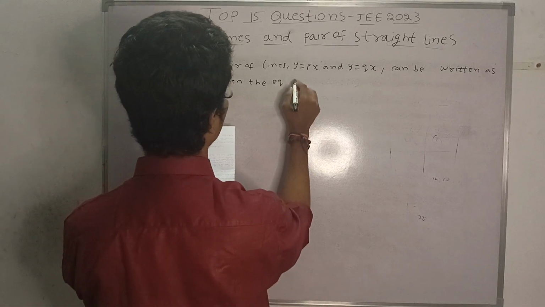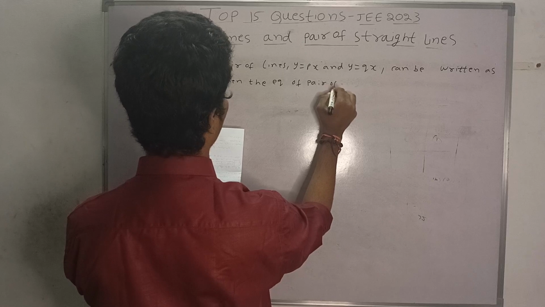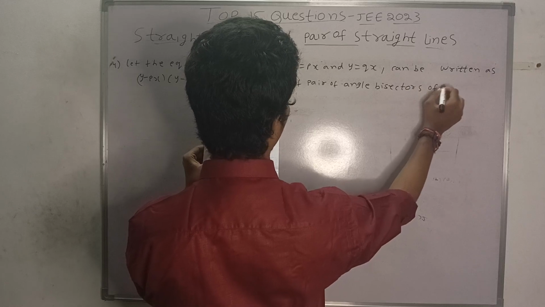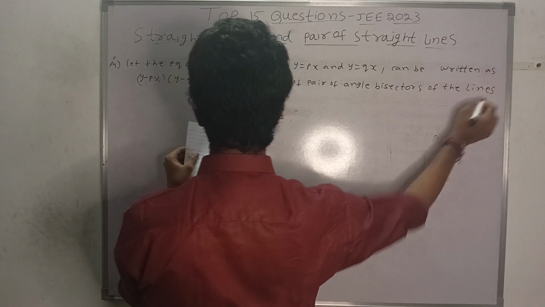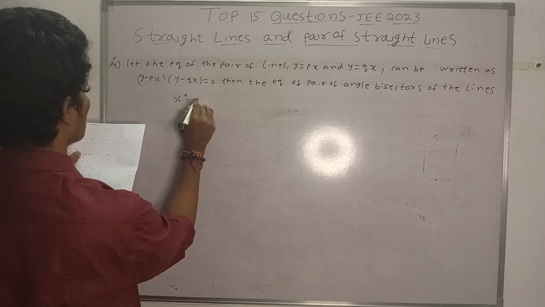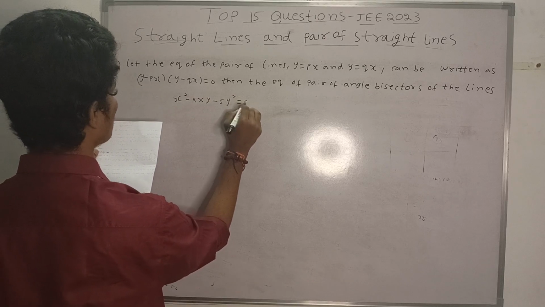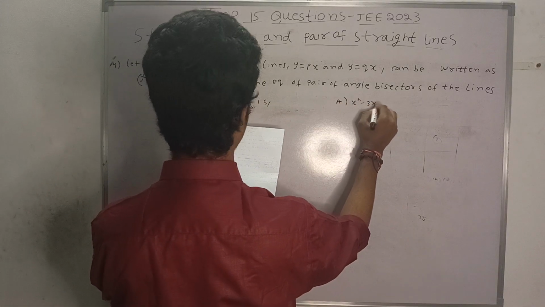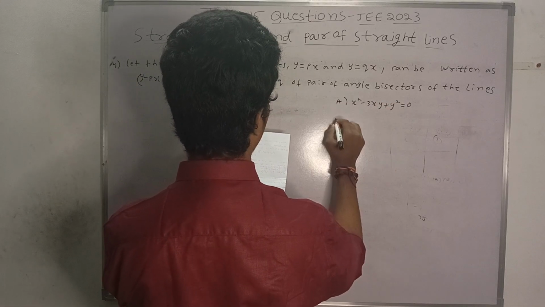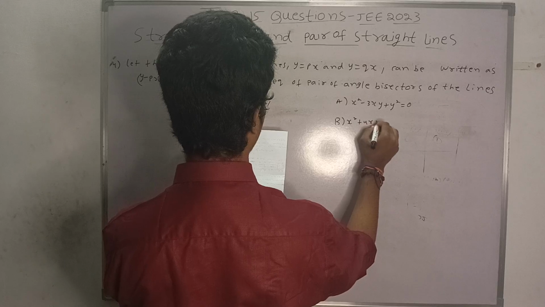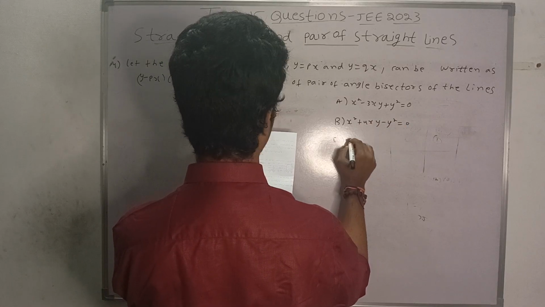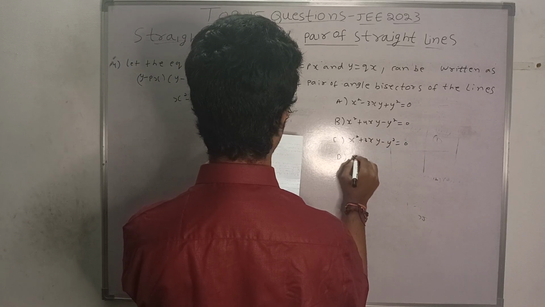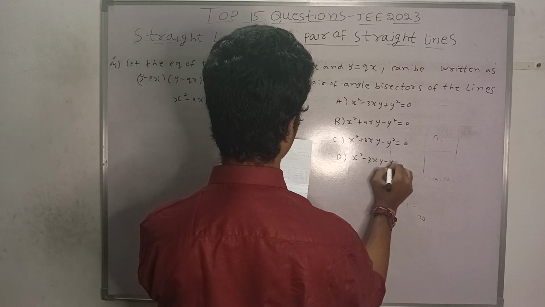Then the equation of the pair of angle bisectors of the lines x square minus 4xy minus 5y square equal to 0 is, they have given options: x square minus 3xy plus y square equal to 0, second option x square plus 4xy minus y square equal to 0, third option x square plus 3xy minus y square equal to 0, and the fourth option is x square minus 3xy minus y square equal to 0.